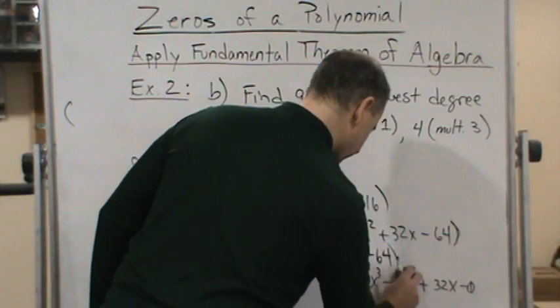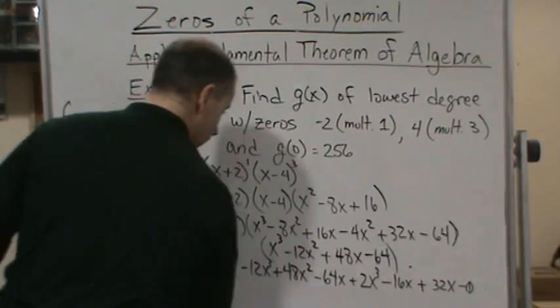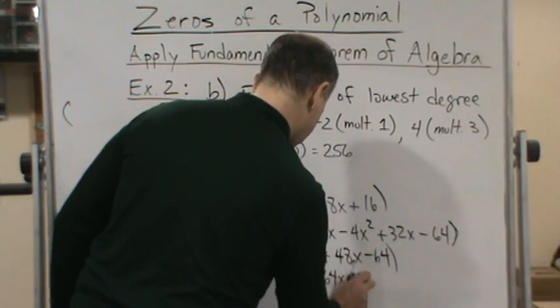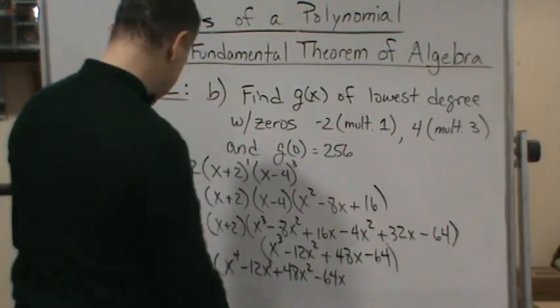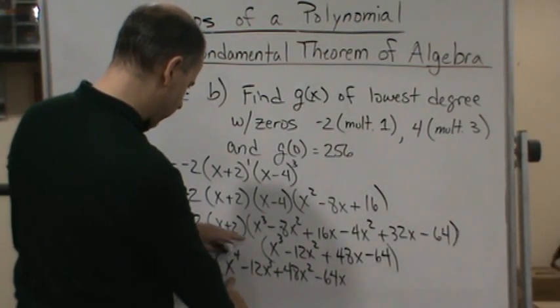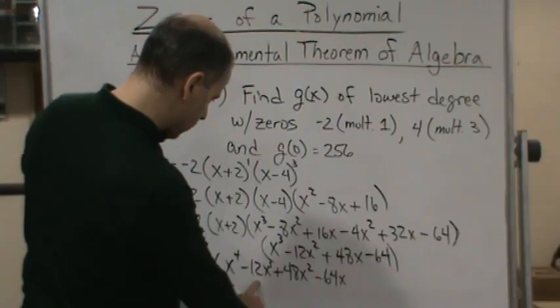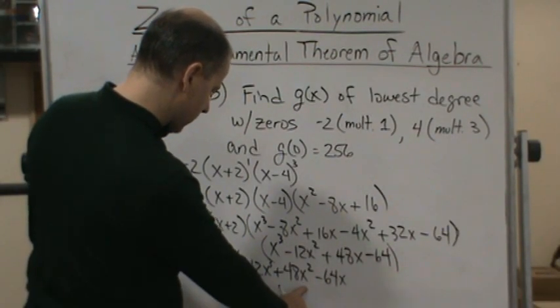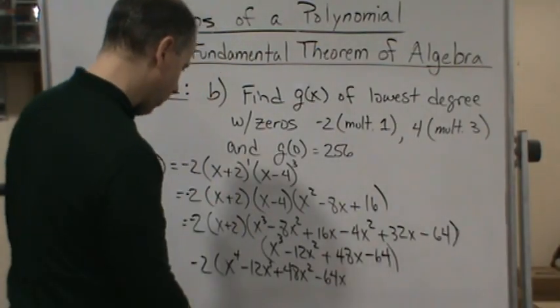Sorry. Hold on. I was looking at the wrong line. Okay, so this times this, right? So x to the fourth minus 12x cubed plus 48x squared minus 64x.